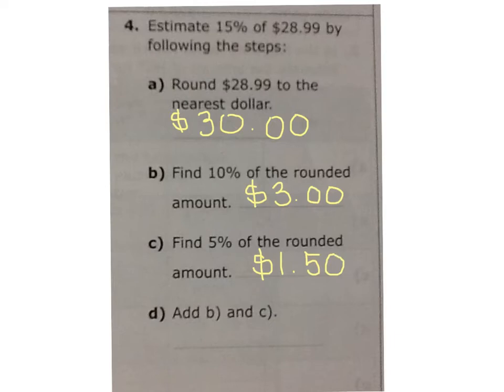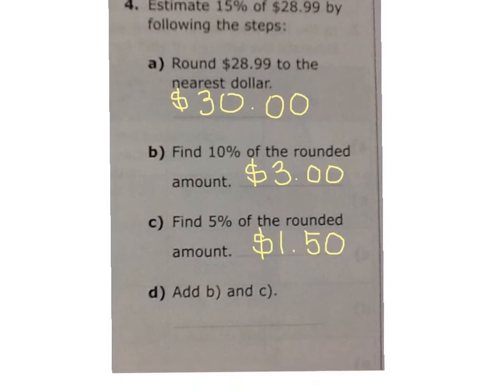And now, to find out the estimate of 15% of $28.99, all I need to do is add 10% of my amount, which is $3, plus 5% of my amount, which is $1.50. That's correct. Now we add $3 and $1.50, that gives me a total of $4.50.